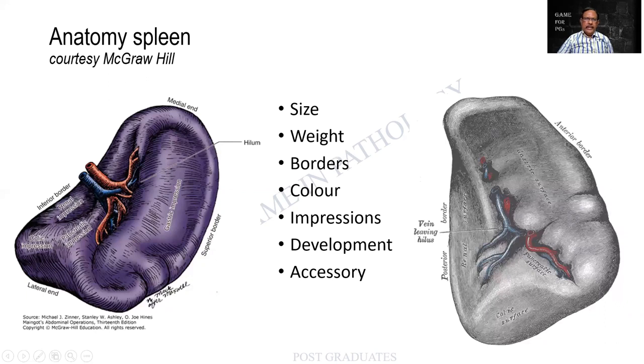The spleen is identified by means of its sharp borders, and there will be certain depressions which are called the notches. Again, this is one organ which will be having a purplish tinge, which is very much brought out in this diagram. The purplish tinge is because of a venous stasis.